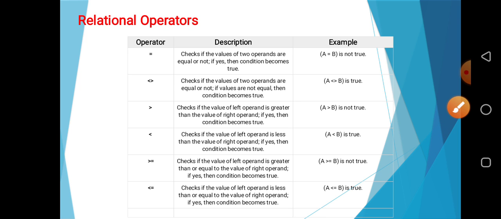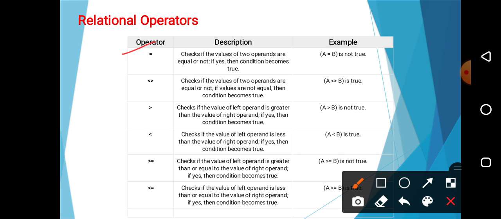The relational operators are equal to, not equal to, greater than, less than, greater than or equal to, and less than or equal to. The not equal sign checks if the values of two operands are equal or not. If values are not equal, then the condition becomes true.